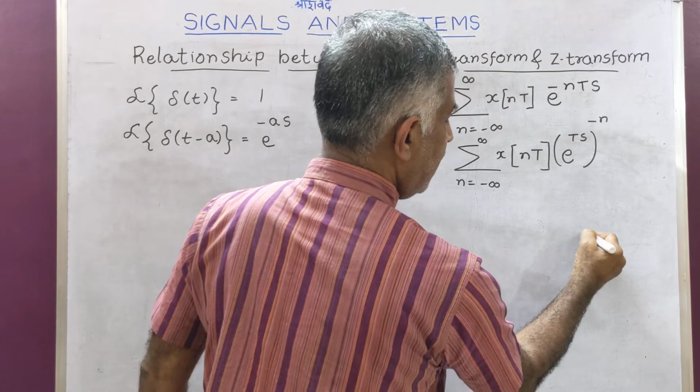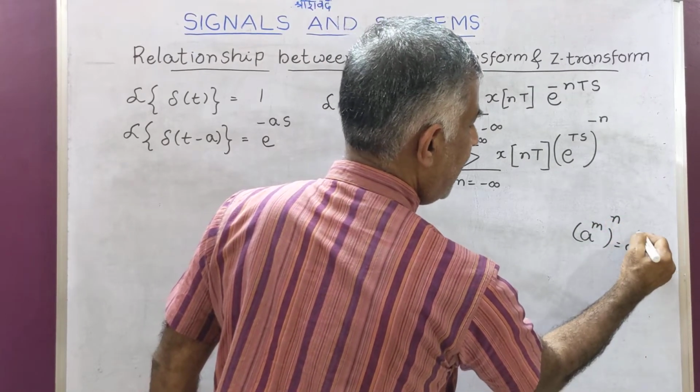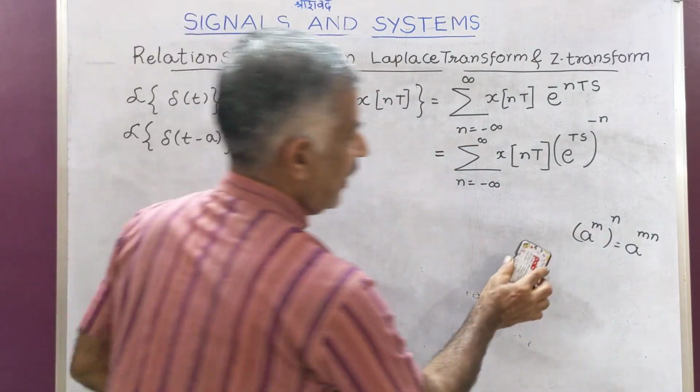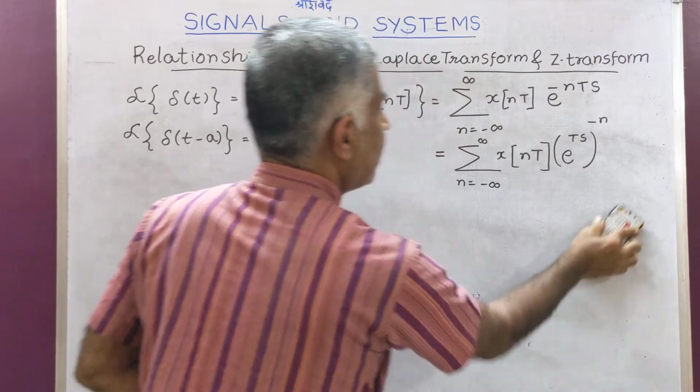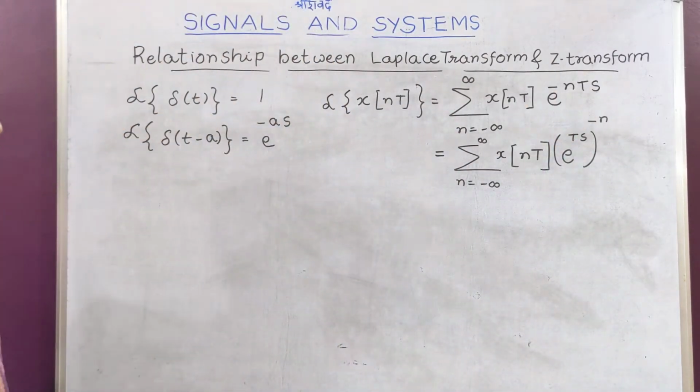As you know, a to the power of m into n is a to the power mn, that is, a^m a^n. Very much similar to this, x of nT e power sT to the power of minus n.